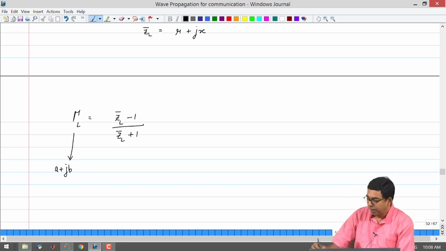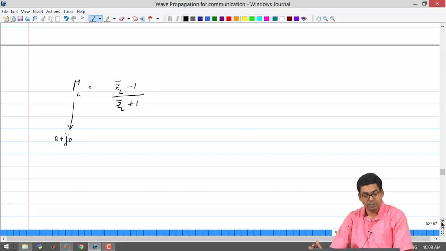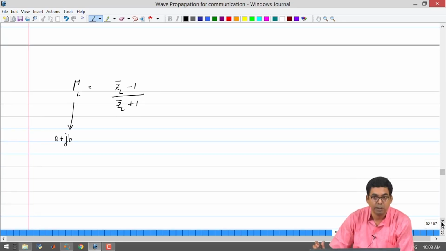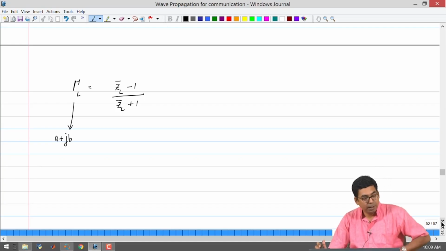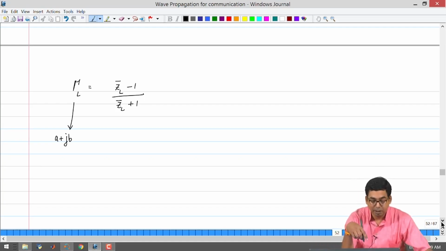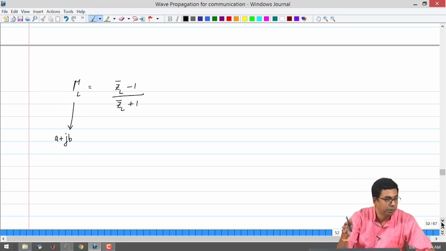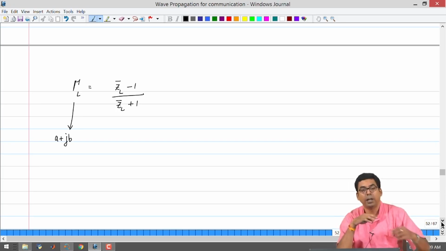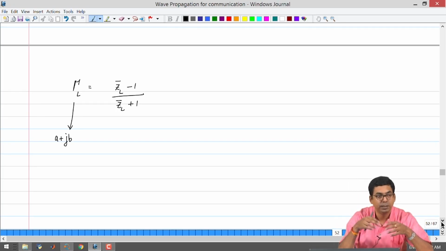What we are interested in now knowing is how ZL bar influences gamma L. Specifically, if I substitute a value of ZL bar, I know that there is going to be a corresponding unique value of gamma L, and I may want to keep the resistance fixed and change the reactance of ZL to see how gamma L changes, or keep the reactance fixed, vary the resistance, and see how gamma L changes. These are the two things that we would like to understand in this particular lecture.